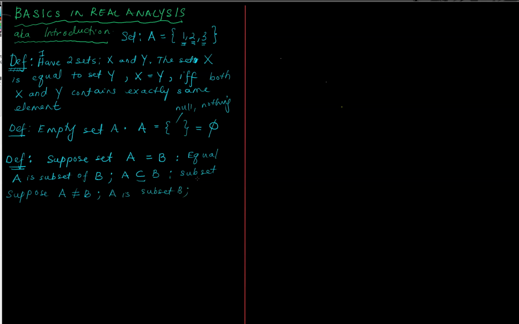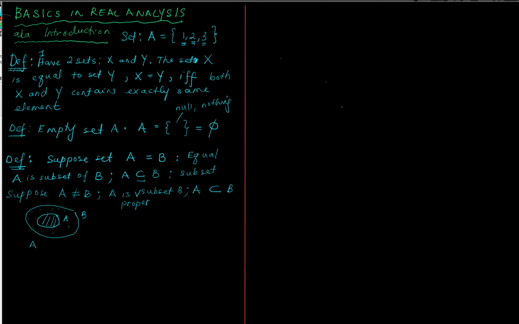But the notation is going to be A subset of B, and the key word here is not just subset, but proper subset. So an example would be, instead of X and Y I'm using A and B. A is contained in B, but not everything in B is going to be in A.